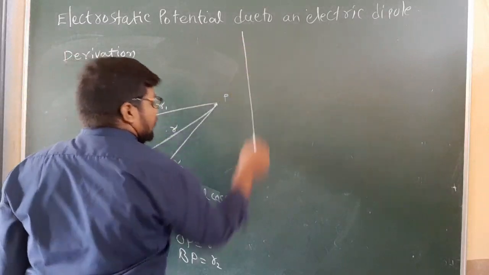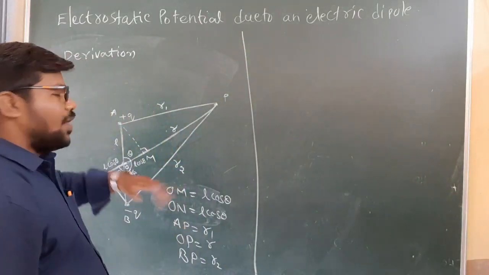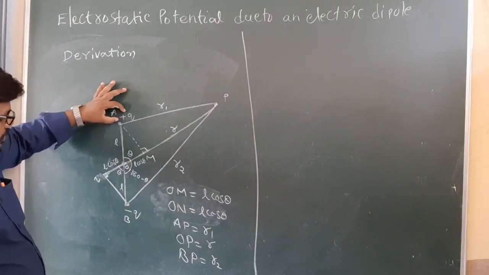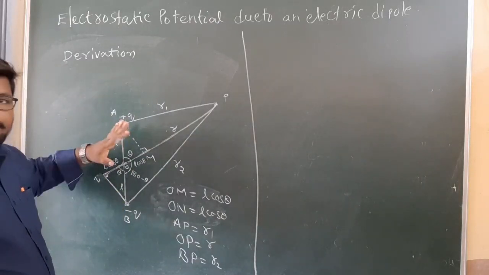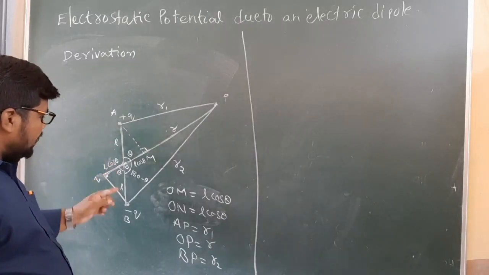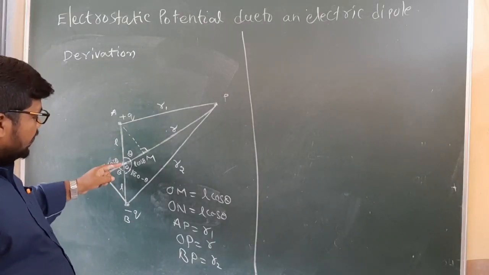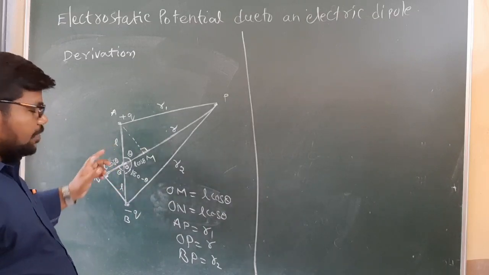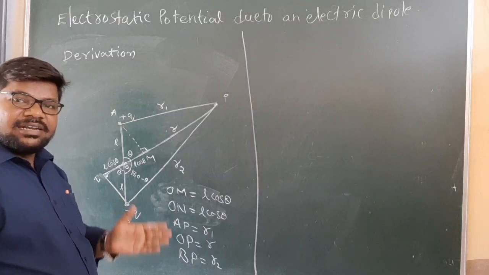Clear, my children? So once again I will explain. Consider two charges, plus and minus, equal magnitude, opposite nature. Their separation distance is 2l. From the center to either charge is l, because 2l we can split as l plus l.